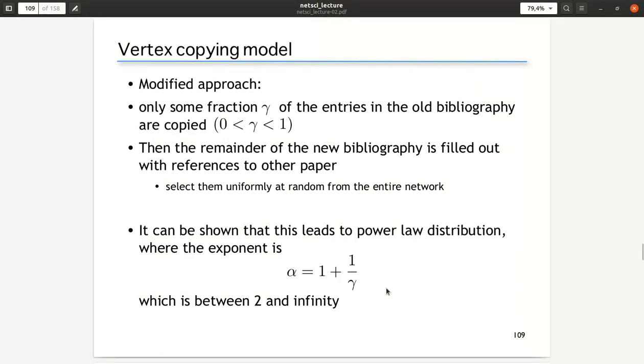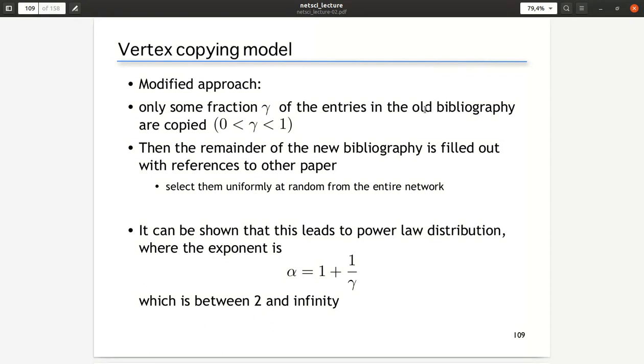Okay, now a modified approach is the following: given some fraction, let's denote it by gamma. By gamma we mean the fraction of all references we are copying. So let's say gamma is 0.7, then 70% of the references which can be found in the papers we are reading, we are copying, but the remaining part, in this example 30%, we are selecting from the other nodes which are not referenced in these papers which we have read.